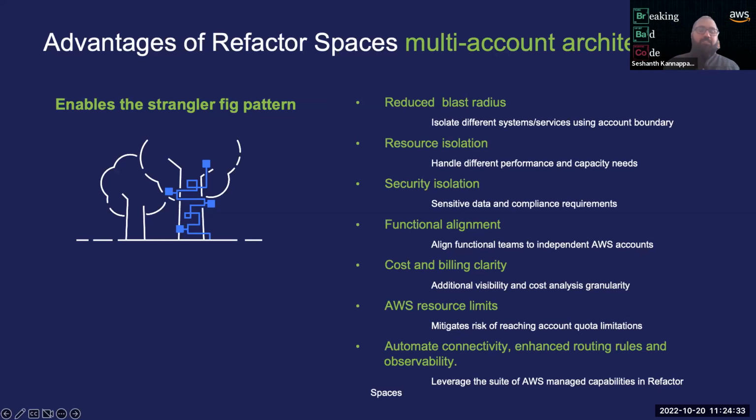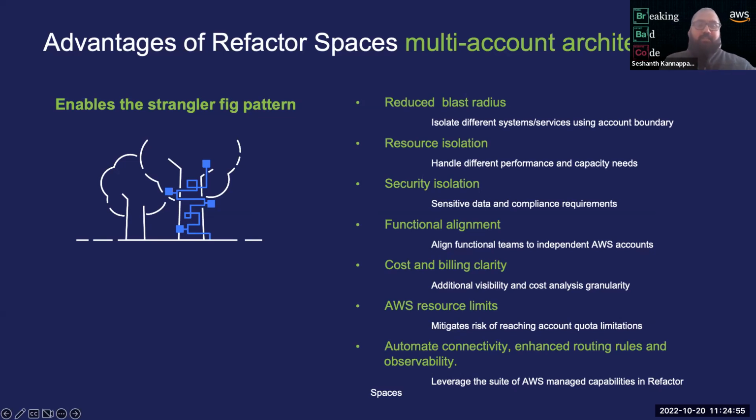Accounts are used as boundaries in terms of that. So we're reducing the blast radius. You get resource isolation, security isolation. When you're running microservices, you need to know how much these microservices are costing you exactly. So you get that cost and billing clarity.